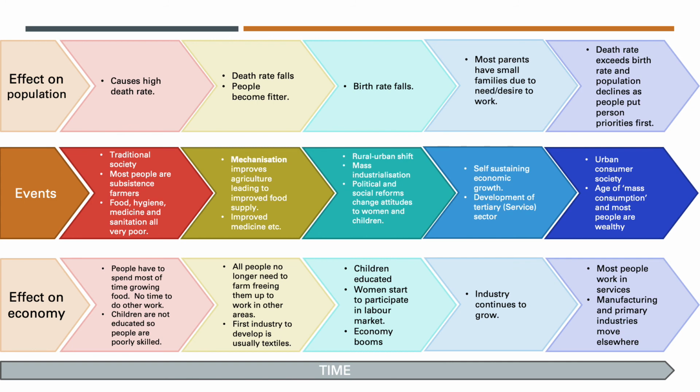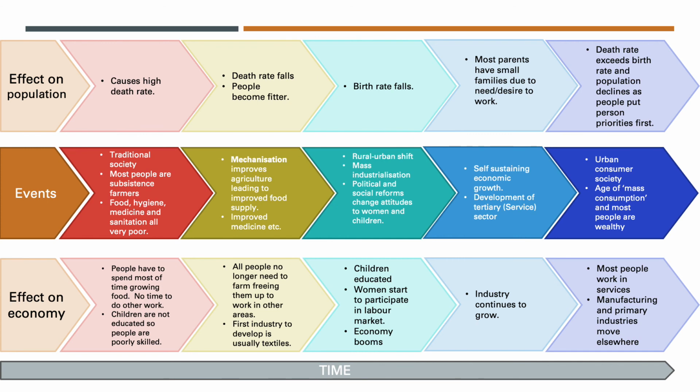Okay, and then what we end up with is a consumer society. So an age of mass consumption where the richest people in the world are buying consumer goods, and spending their money on services as well, like going on holidays, pension plans, insurances, things like that. So most people have worked in the service industry. Primary industries have moved elsewhere in the world.